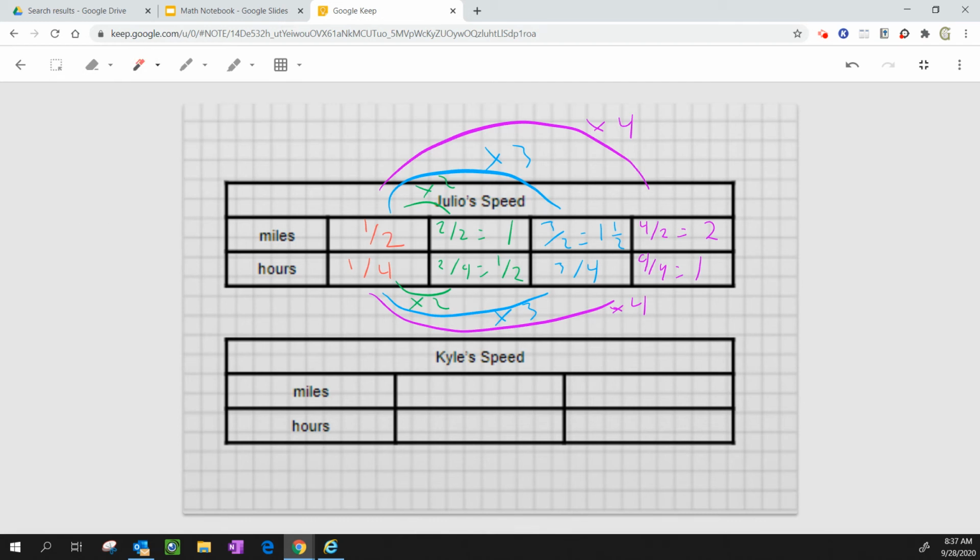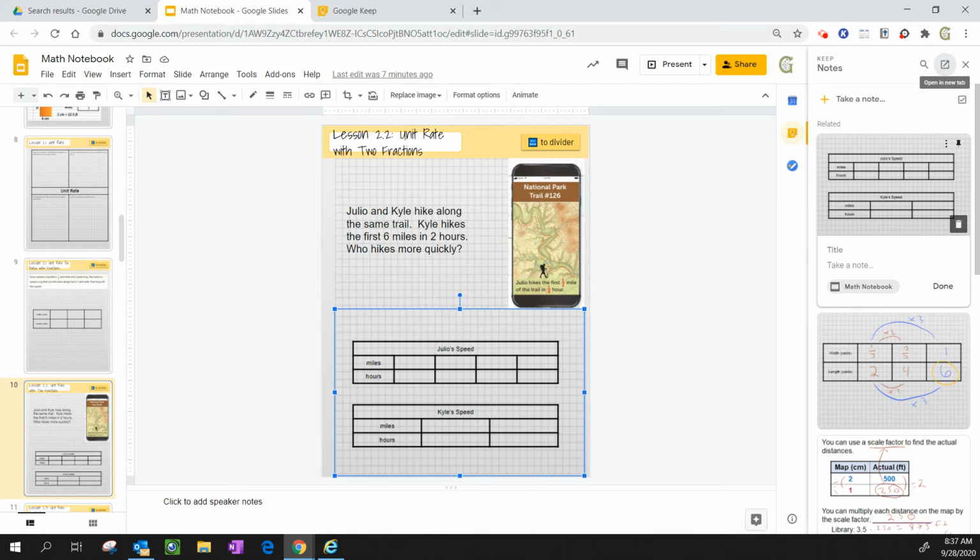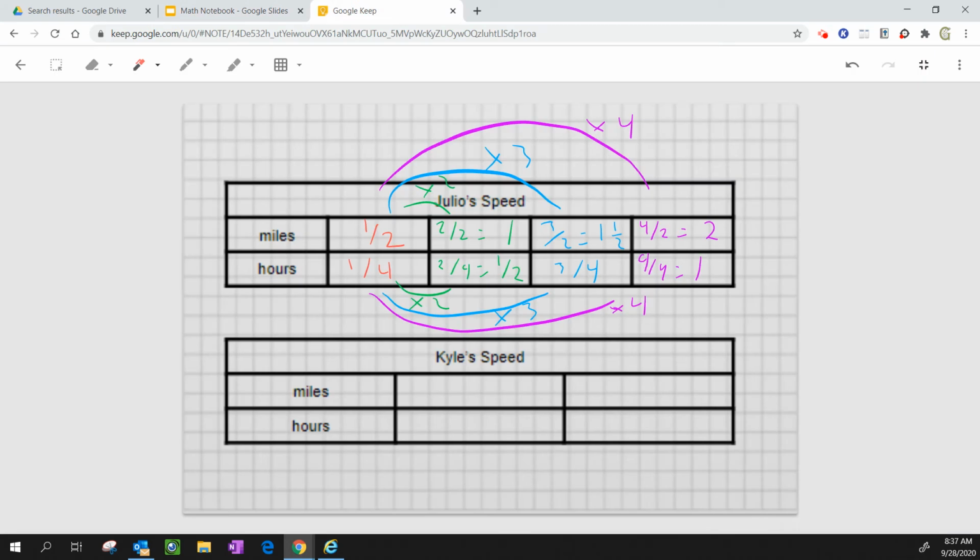So if I go back to Kyle's information, it said that he could hike the first 6 miles in 2 hours. So he can do 6 miles in 2 hours. Now, this one doesn't have any fractions in it. We know we want to get to our number one. So that's where it needs to be 1 hour, just like we had Julio's 1 hour.